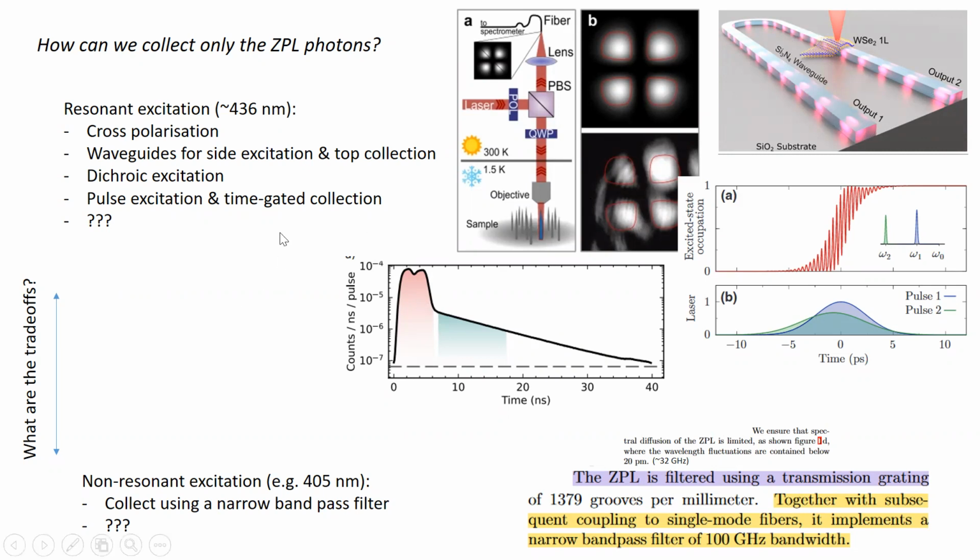I think there's a nuance to point out here with side collection. Quantum dots are very different, because they have Bragg reflectors above and below them in their design. That's part of the growth process.